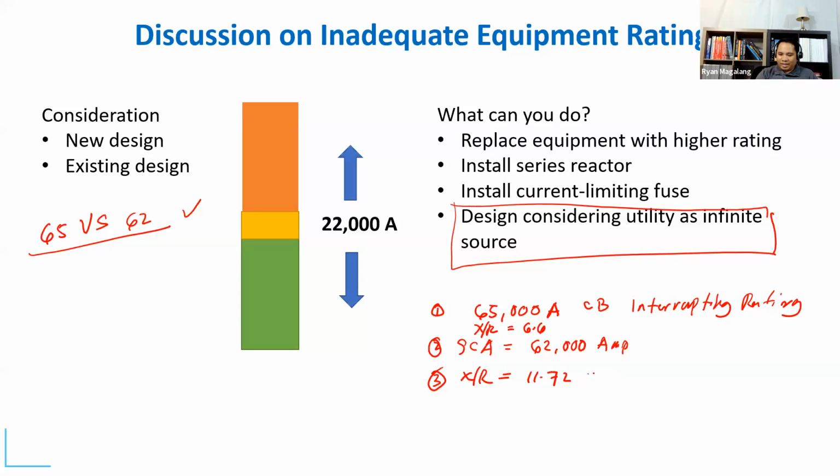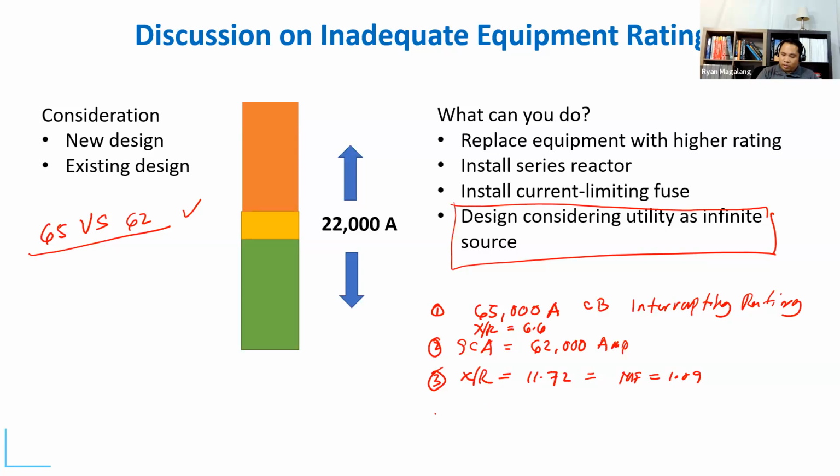Anyway, for this XR ratio we are actually supposed to multiply by 1.09, meaning my peak current, this goes back to the asymmetrical current that we were looking at earlier, a lot of graphs in there showing you how important it is.